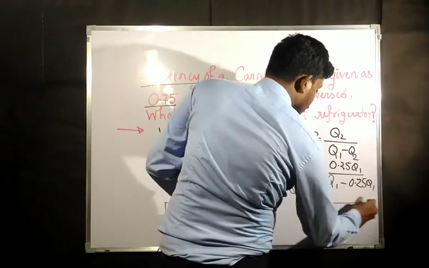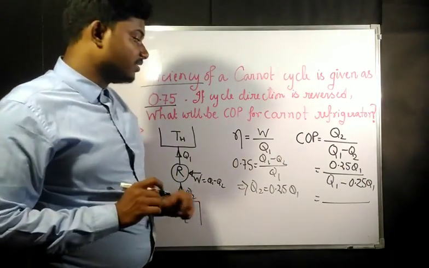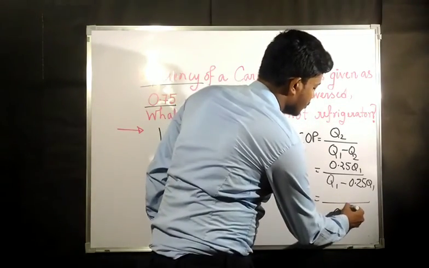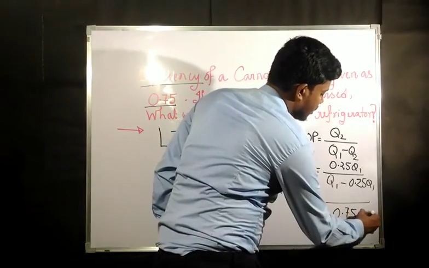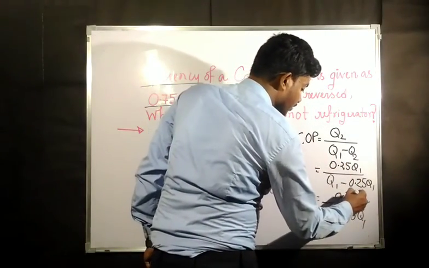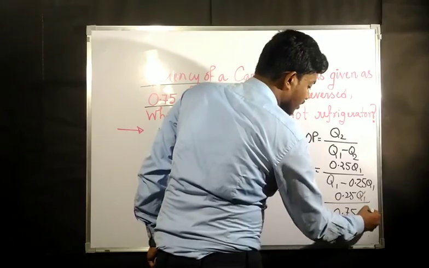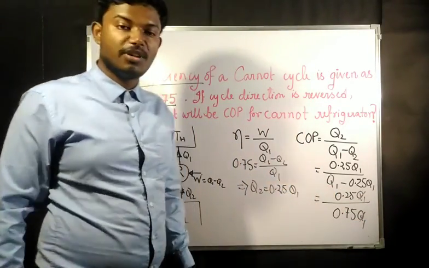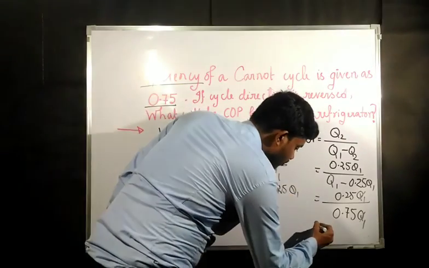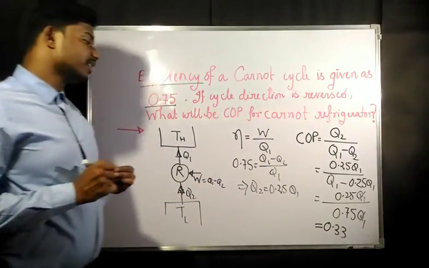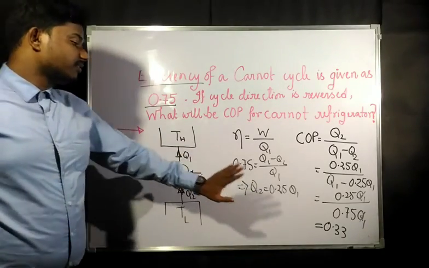If you subtract Q1 minus 0.25 of Q1, you get 0.75 of Q1, and in the numerator you have 0.25 of Q1. So Q1 gets cancelled. The remaining is 0.25 by 0.75. So ultimately your COP is going to be 0.33. Okay, so this is done.